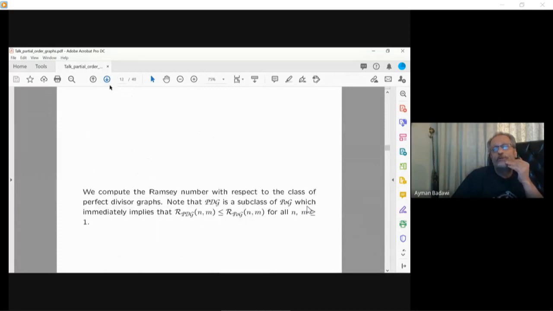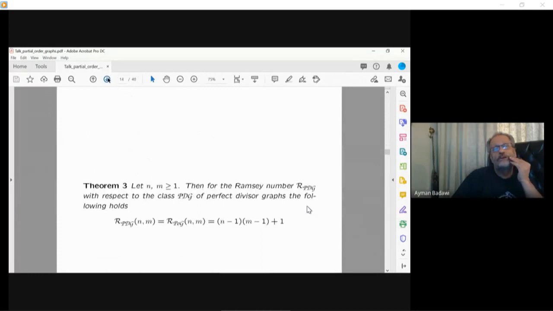Okay, what is the perfect divisor graph? Here is the thing. You need to focus with me for a minute here. Remember, we calculated the Ramsey number for any partial order graph.